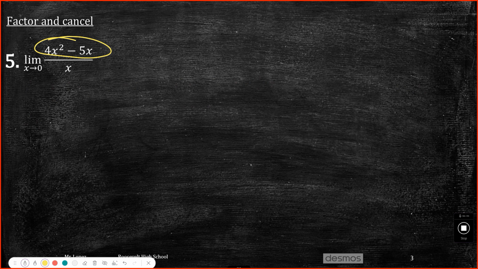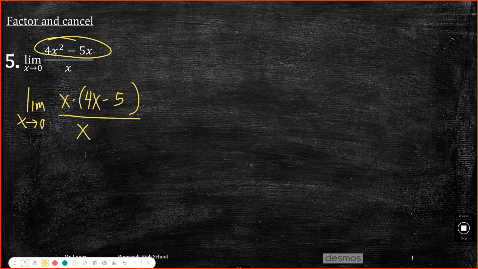What can I factor out? X. Again, this is just algebra. Factor out the x. If you factor out the x, then you're left with 4x minus 5, over x.